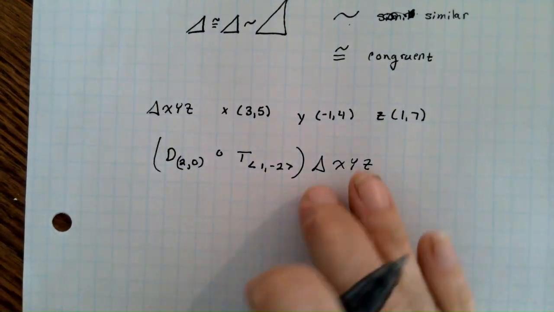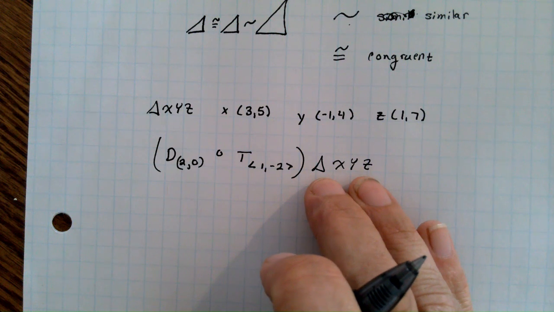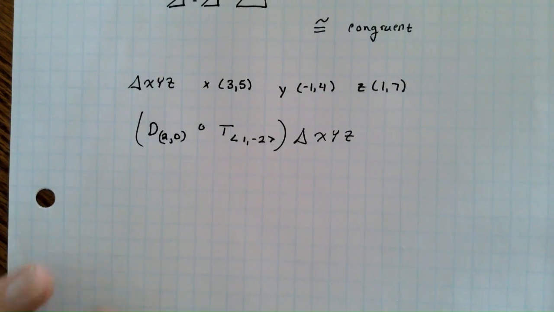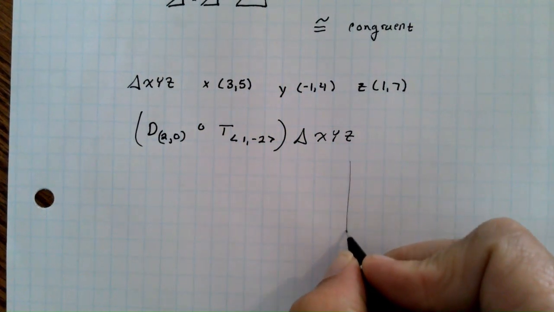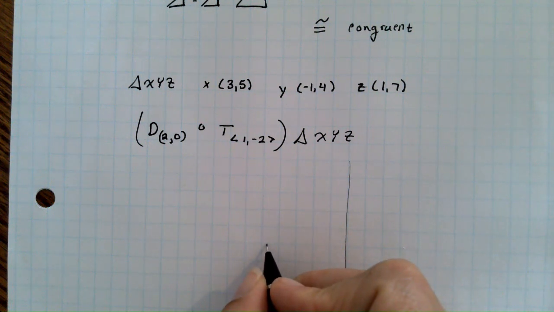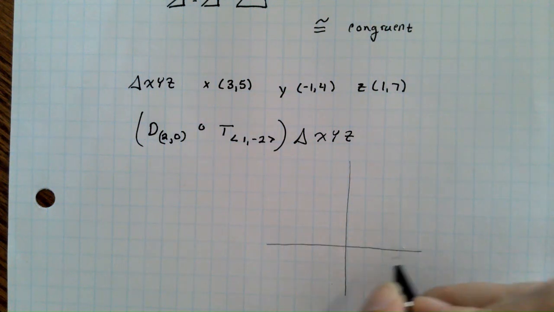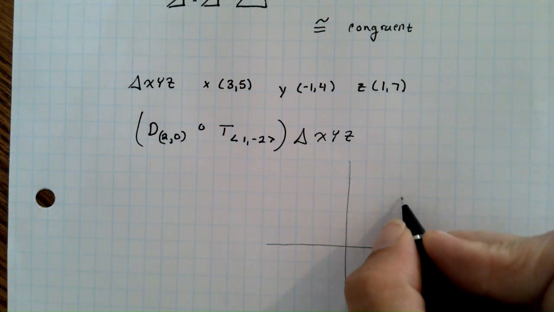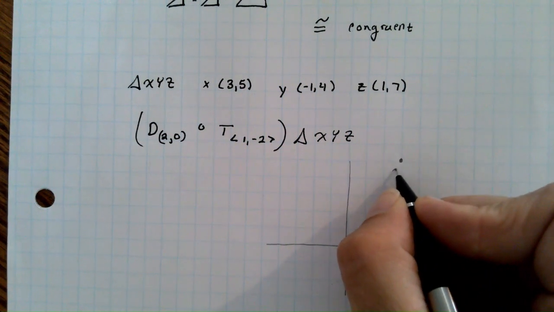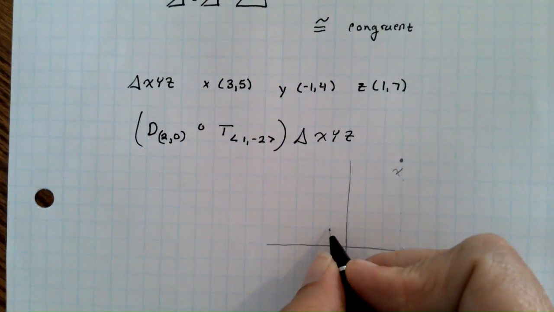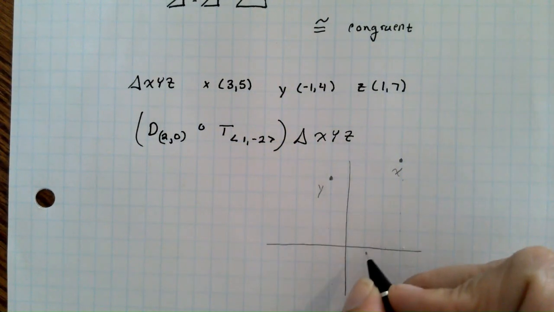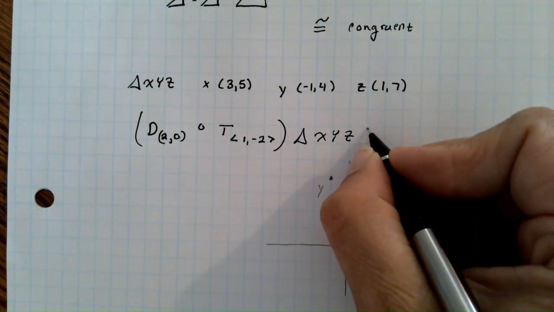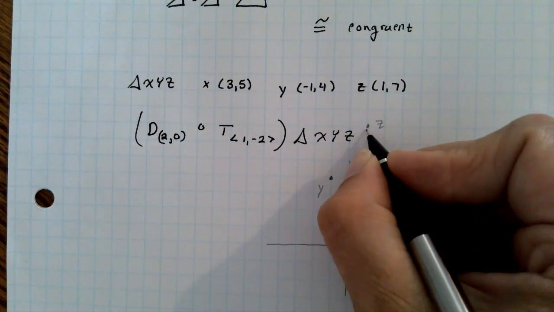If you remember compositions, you start at the end and work backwards. So we're starting with triangle XYZ. Let's get it put on there. There's X. Negative 1, 1, 2, 3, 4. There's Y. And there's Z.